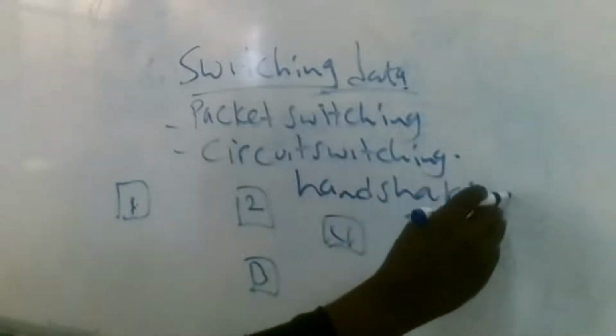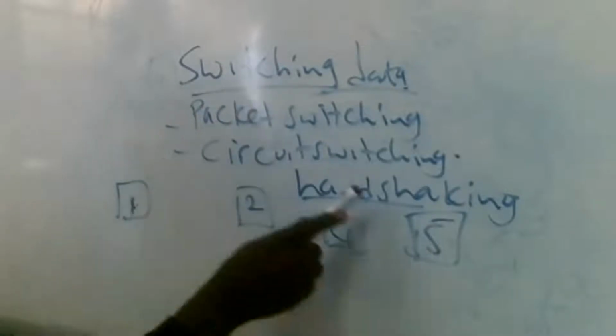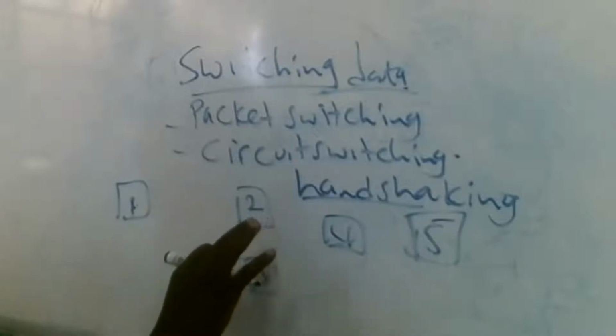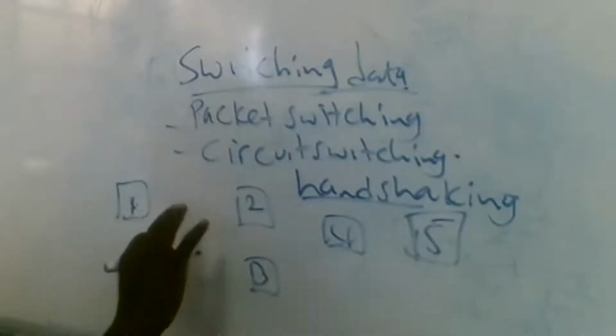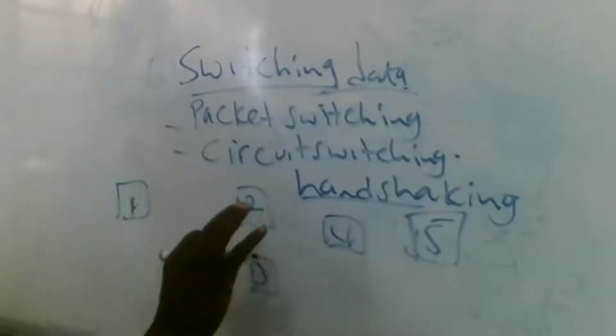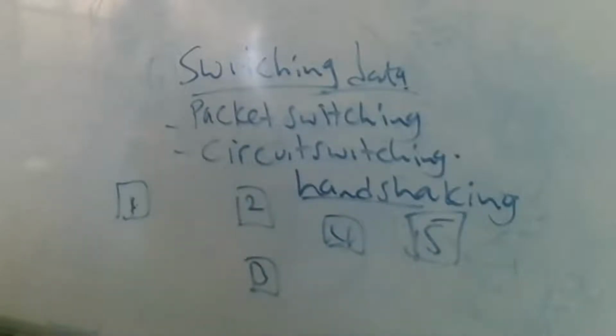Why is it done? When the sender asks the receiver to confirm, the receiver will, first of all, check if there is a free network route or channel or link which can be used to transmit the data.